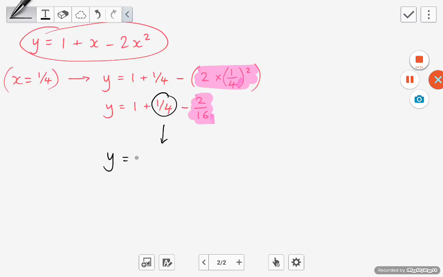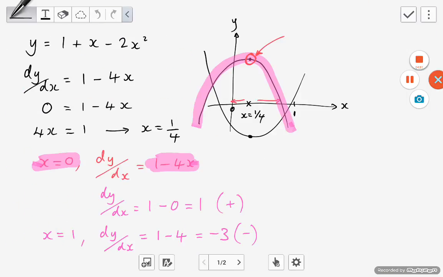So y is equal to 1 plus 4/16 minus 2/16. So that gives us 18/16, which is 9/8 when simplified. So looking back at the original picture, that coordinate now is a quarter, which was the x value, and the y value is 9/8.